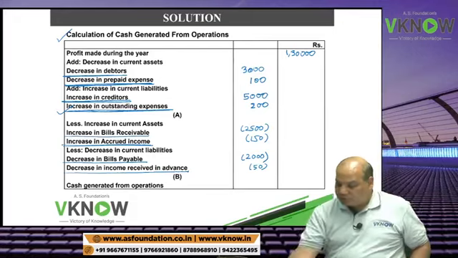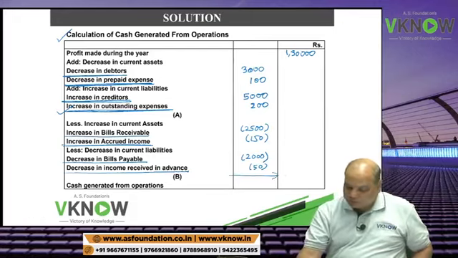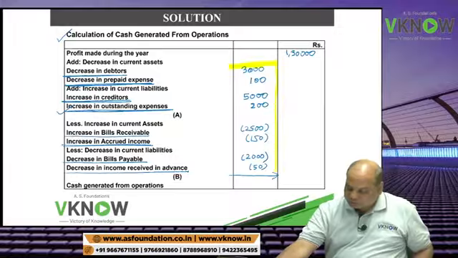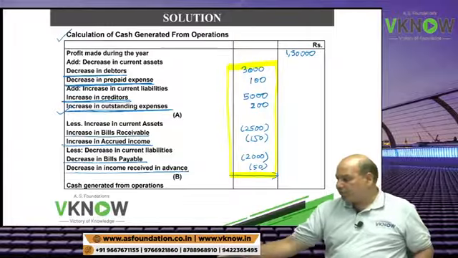Now please tell me the total of this entire thing in the outer column. Student will take total from 3000 till 50, plus minus.